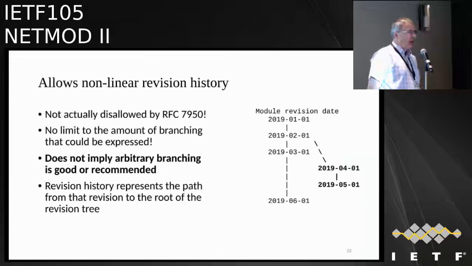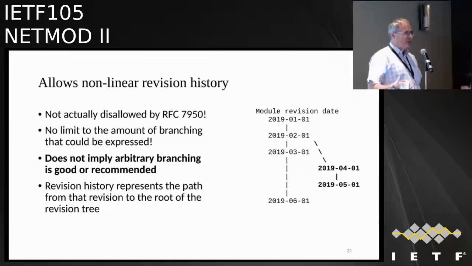This will allow non-linear development. So here the February 1st revision was also developed because whatever customer didn't want to upgrade to the new version. And then we have 2 branches. And there's actually no limit of branching. So you can branch the branch and then again and again to an infinite tree, although that's not a very good practice. But if business needs force, you can do that. Because if you look at it, every YANG file in itself is linear.